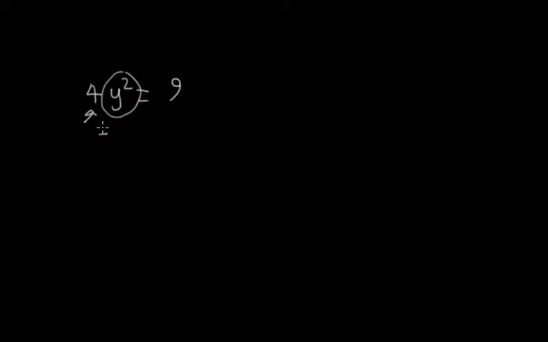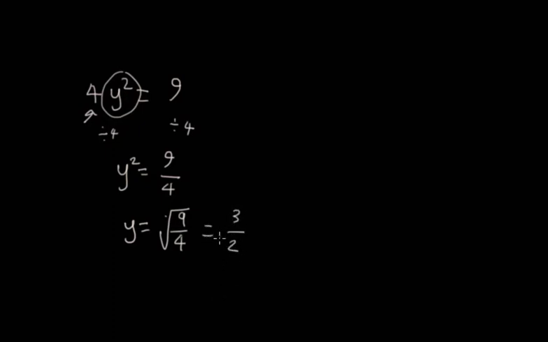We're going to divide this side by 4 and we divide this side by 4. So y squared is going to be 9 over 4. And now we're going to take the square root. So the square root is going to be the square root of 9 over 4, which is 3 halves.